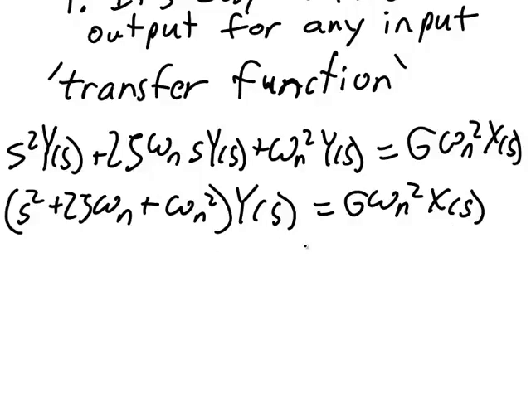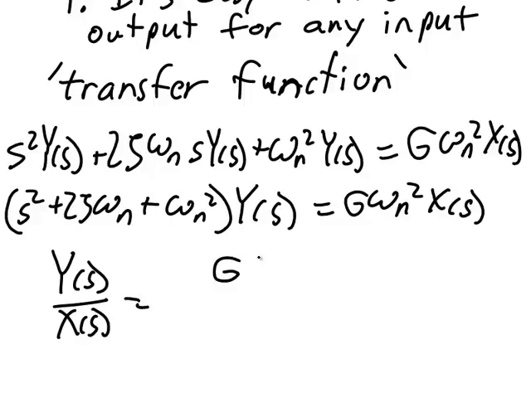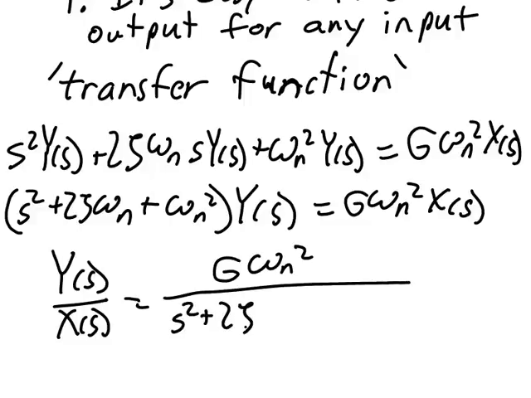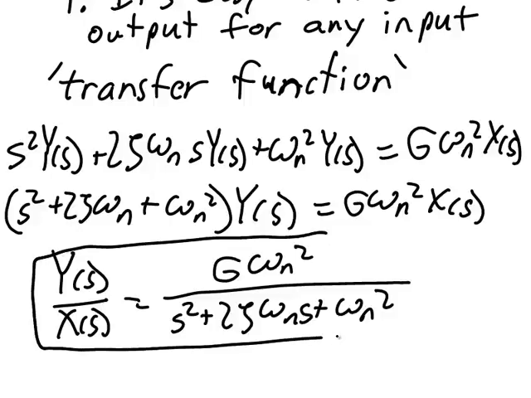I'm going to divide both sides by x of s, and also by this entire term that's being multiplied by y of s. And what I get out looks like this. This is now in the form of a transfer function.